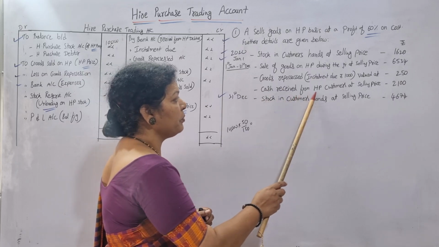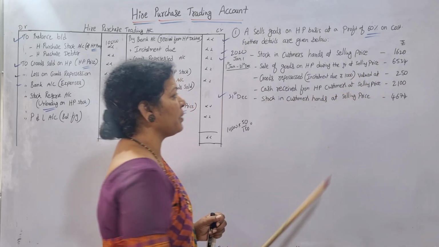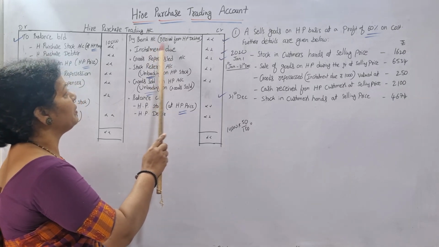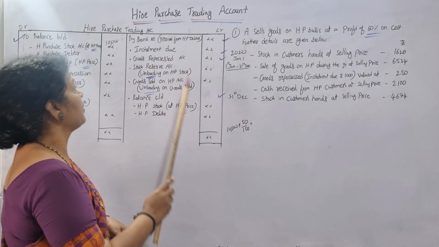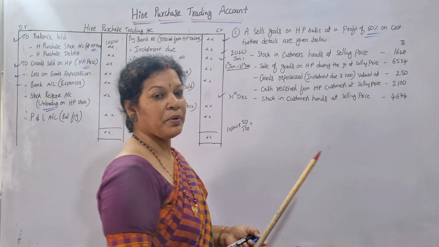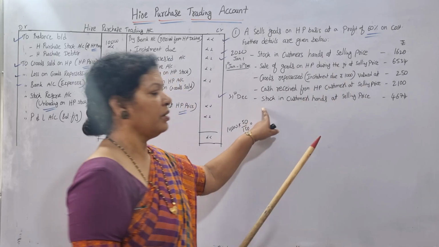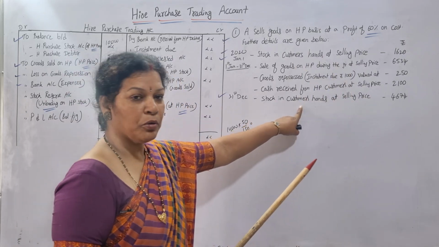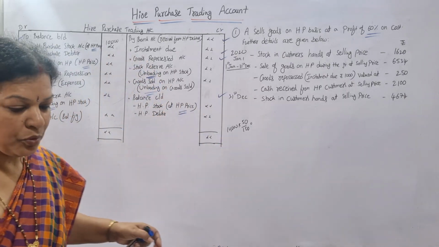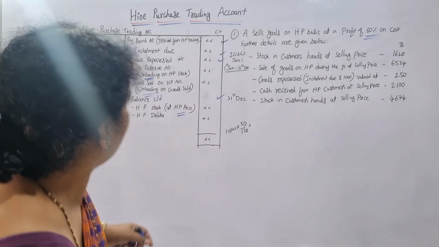Now cash received from HP customers at selling price. Cash received, this one. Whenever we receive any cash, we'll say by bank. And at the end of the day, stock in customers' hands at selling price. So this is also stock in hand, closing stock. Directly we can write here. Okay. So what shall I do?